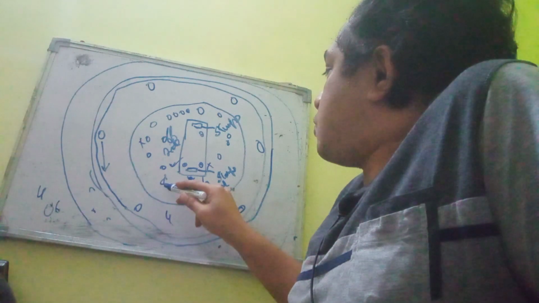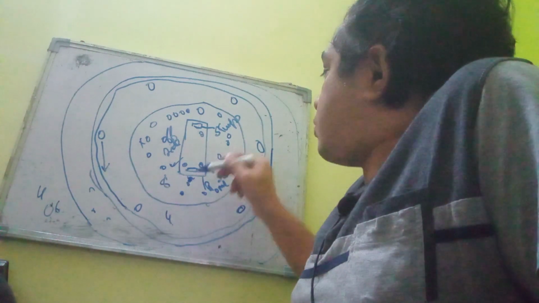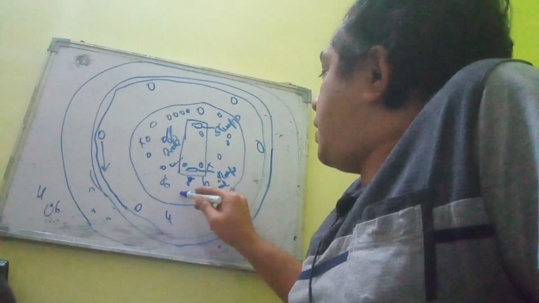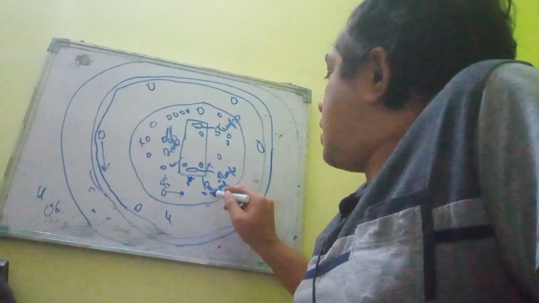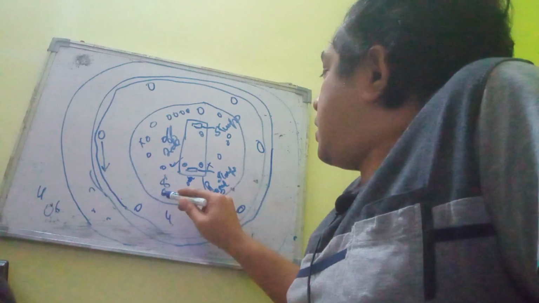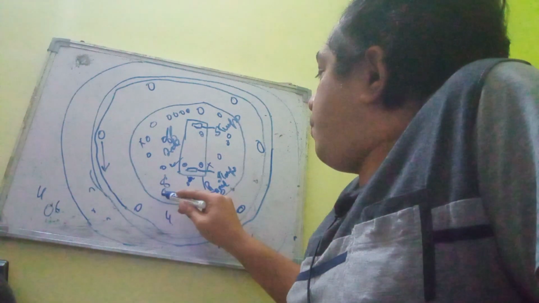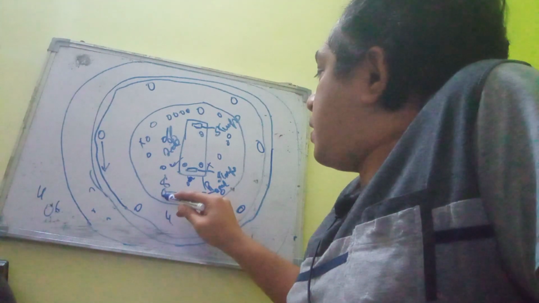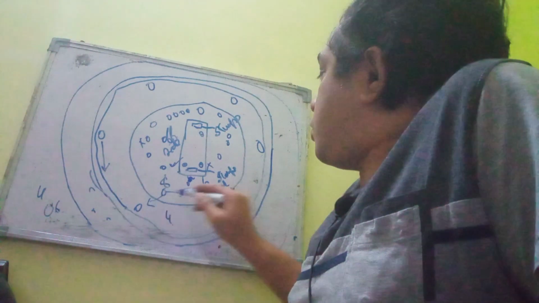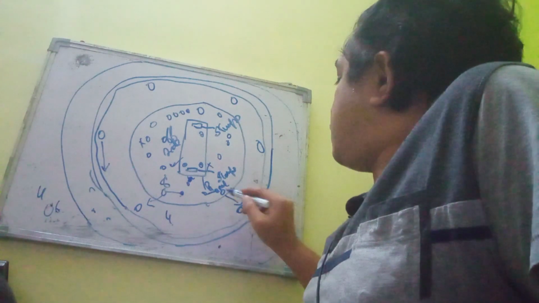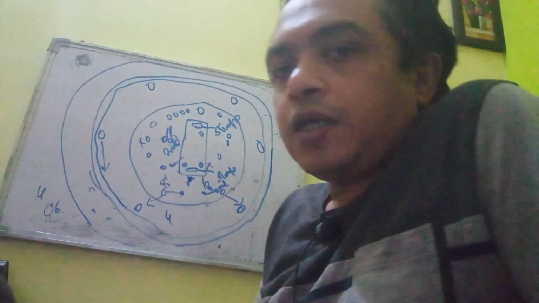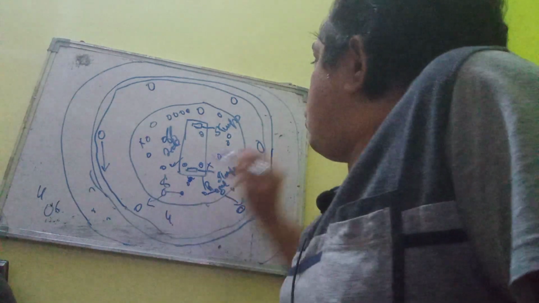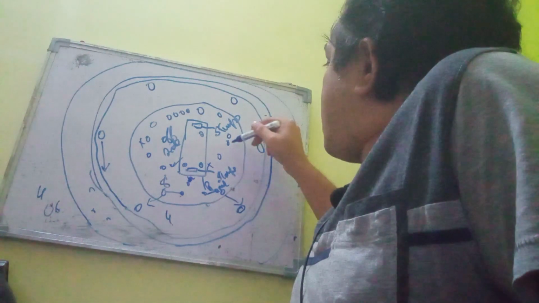So mid off is one position that I have shown here only. It will be posted here or posted here. Once the power play field restrictions are over, this person will shift to this position, and this fielder will be shifting to this position, because at no point will two fielders be standing in front of each other.